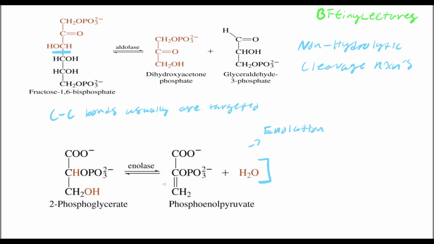And then look at this cool stuff. We actually made a double bond. Double bond created. Now whenever you dehydrate a molecule and you make a double bond, that is called an enolate, okay? And we call that process enolation.